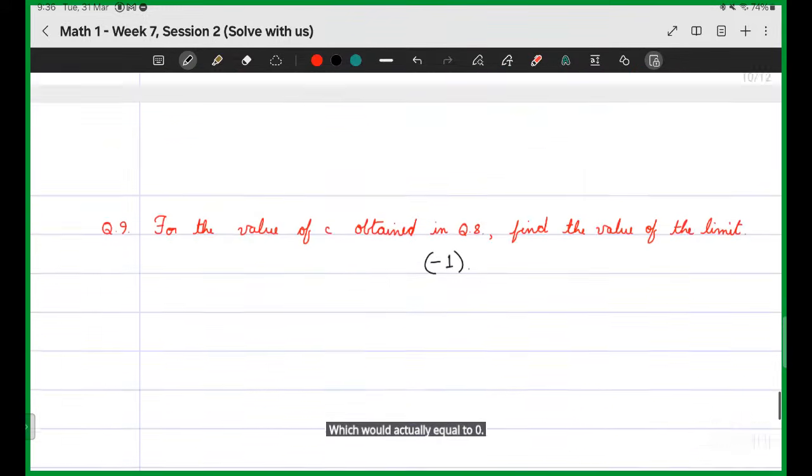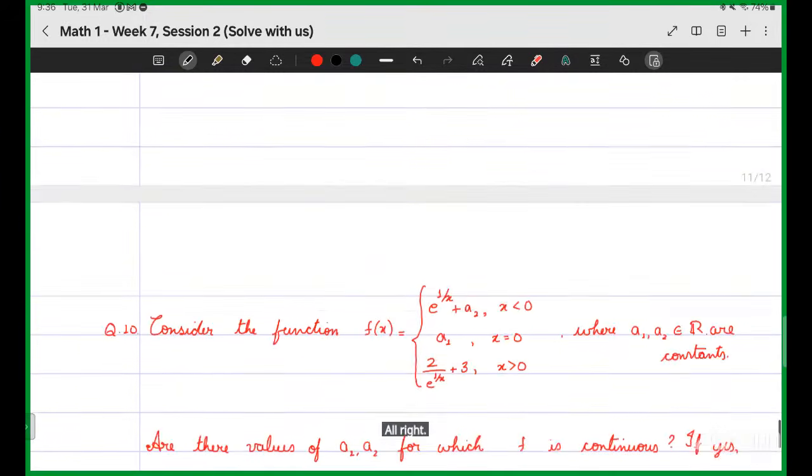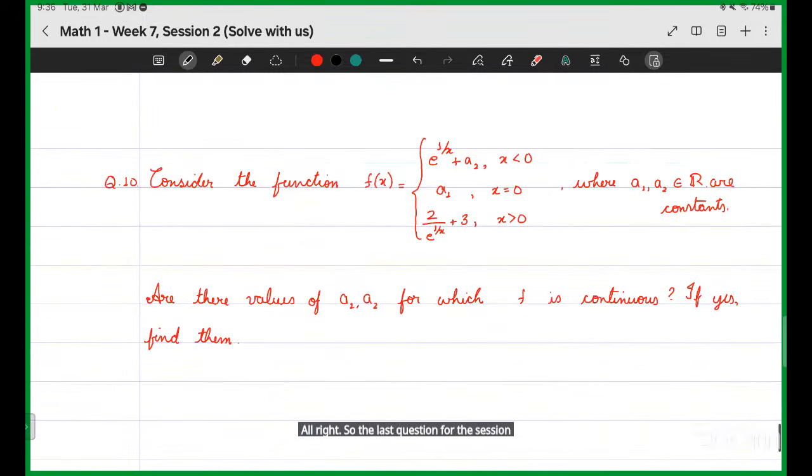Okay. So the last question for the session is the following. This is not exactly f by g type of question, but find the value of a1 and a2, if at all possible, for which this is continuous.